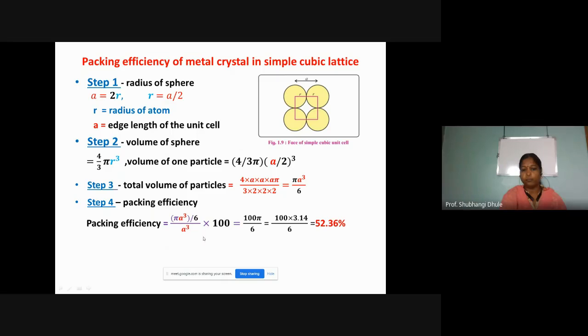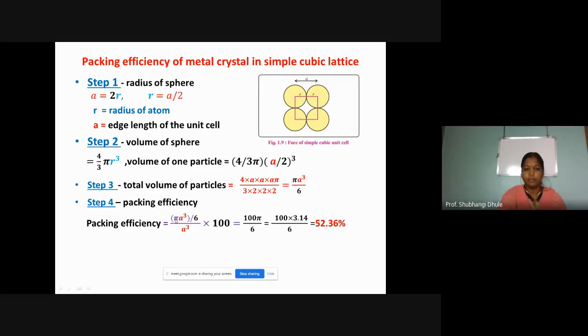So this is simple: if the unit cell is cubical and contains one particle, the packing efficiency is the volume of that particle divided by the total volume of the unit cell. Understood this? The total volume of the unit cell is simply a cube.